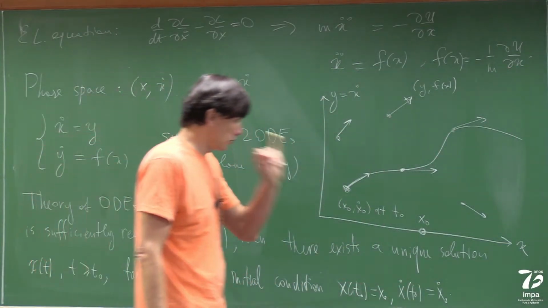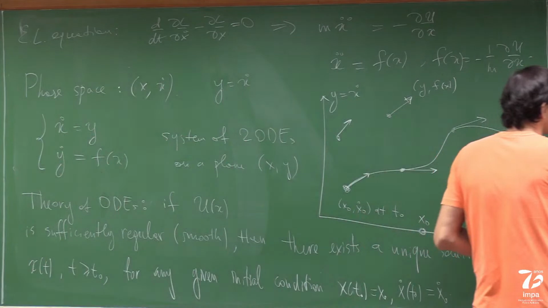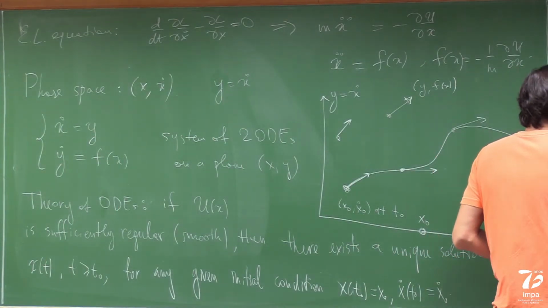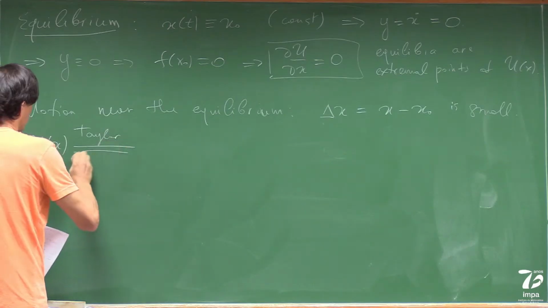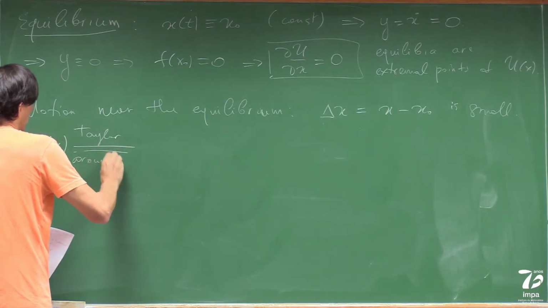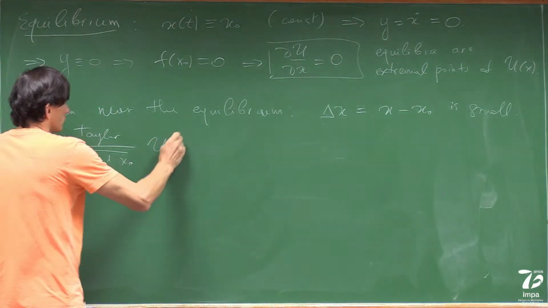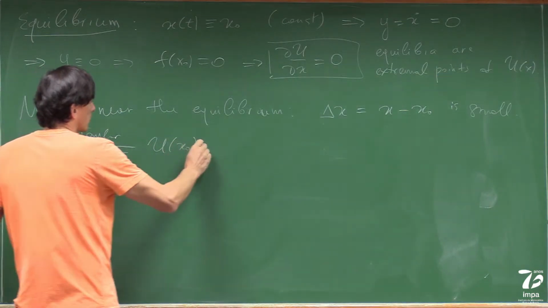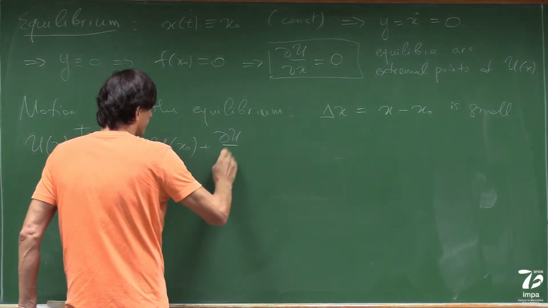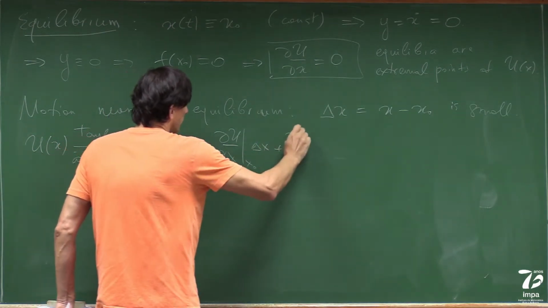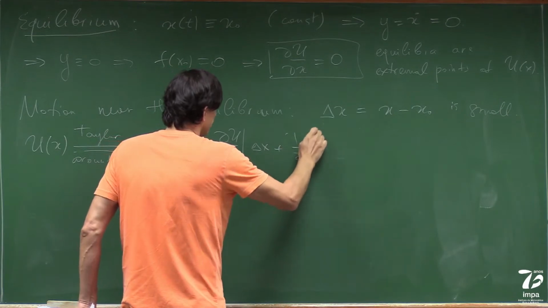The potential we can expand in Taylor series around equilibrium. So let's take the Taylor expansion. The first term will be a constant. Then there will be the derivative. Then the second derivative with 1/2.